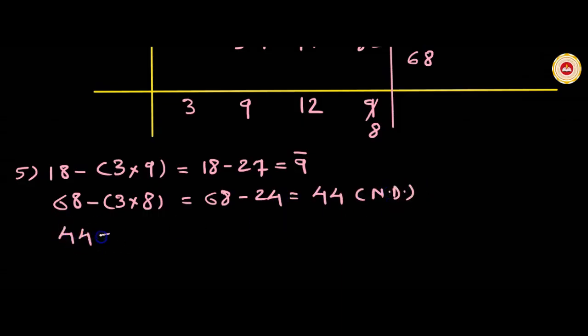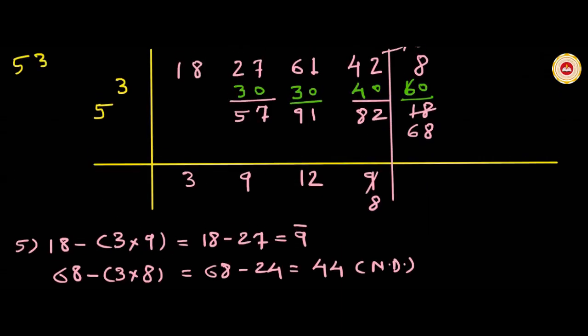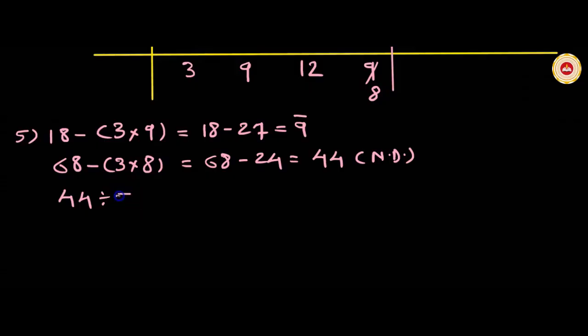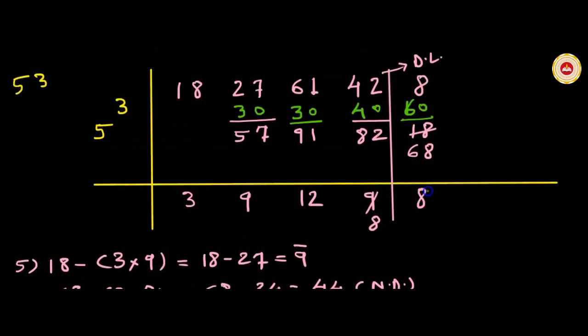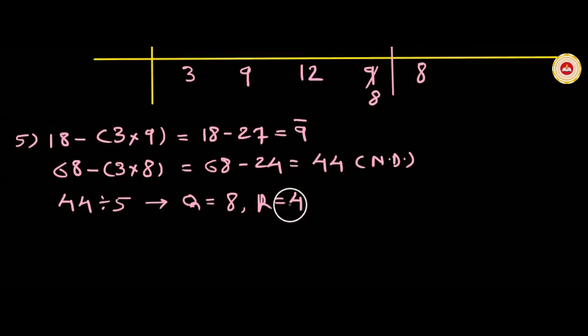So let us divide 44 by divisor 5, which gives us quotient. How much? 5 8s are 40. Okay, remainder is 4. Correct. So write quotient 8 below gross dividend 68, and where to write remainder 4?